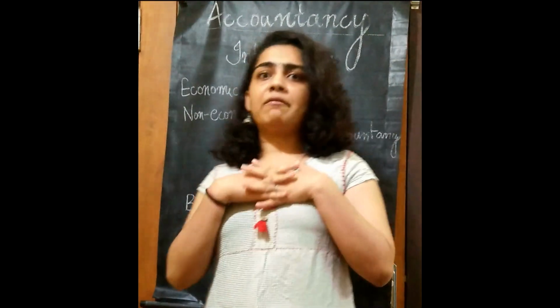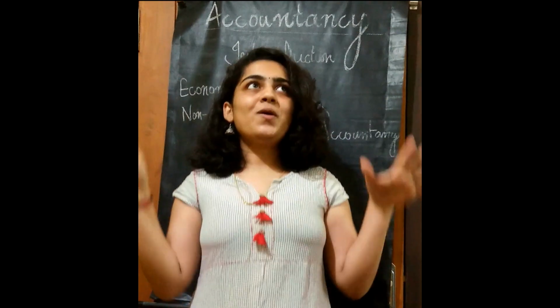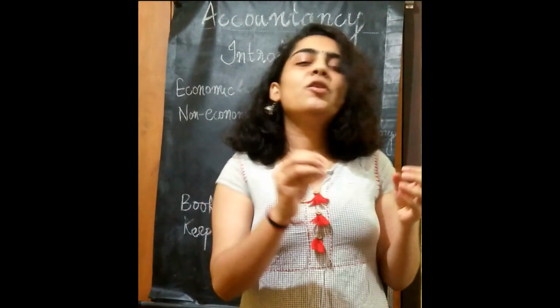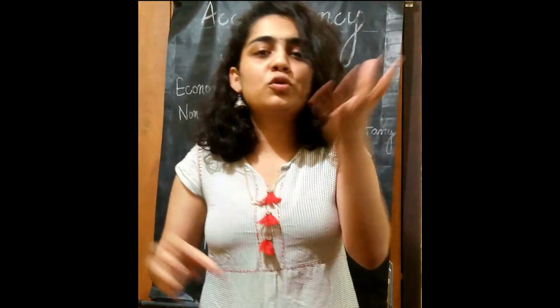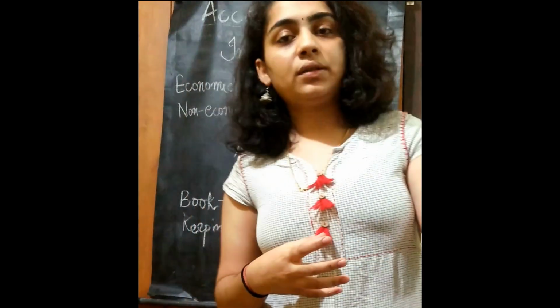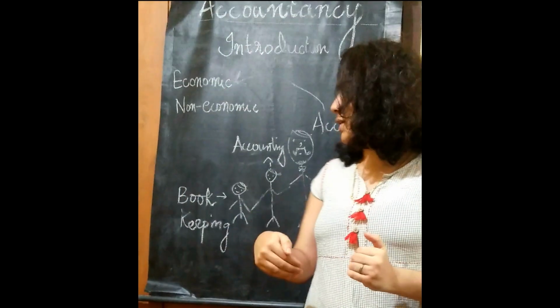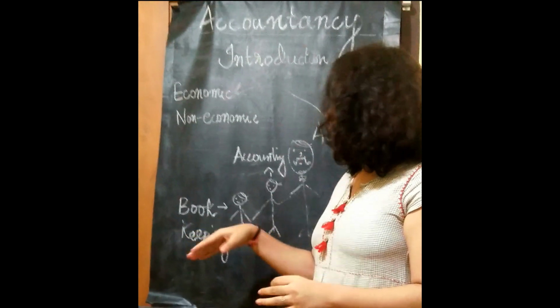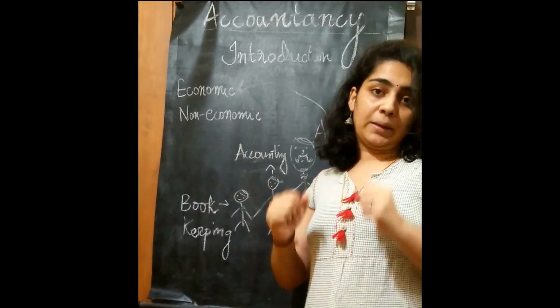For example, we have a diary, right? We are such good kids that we write a diary. We write simple, small things, like your mom gave you two laddus, you write it down. One laddu you gave to your father, you write it down. Similarly, companies record each small transaction in the books. That is known as bookkeeping.